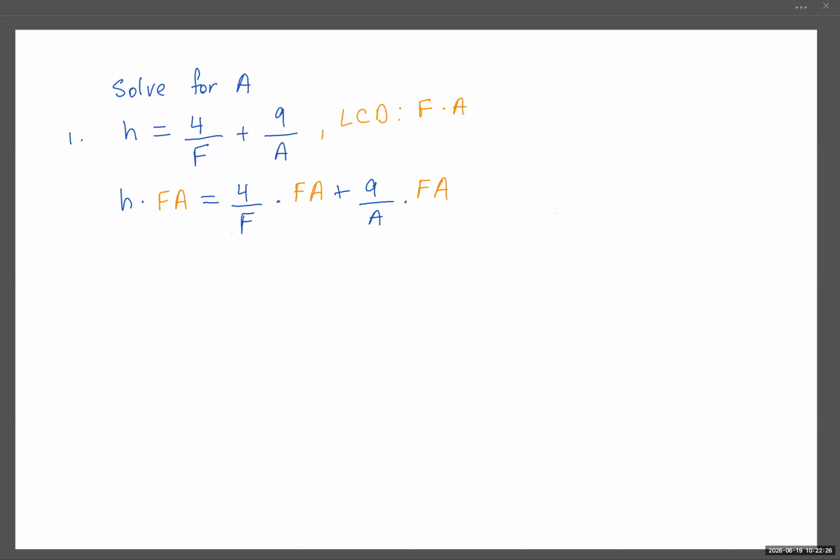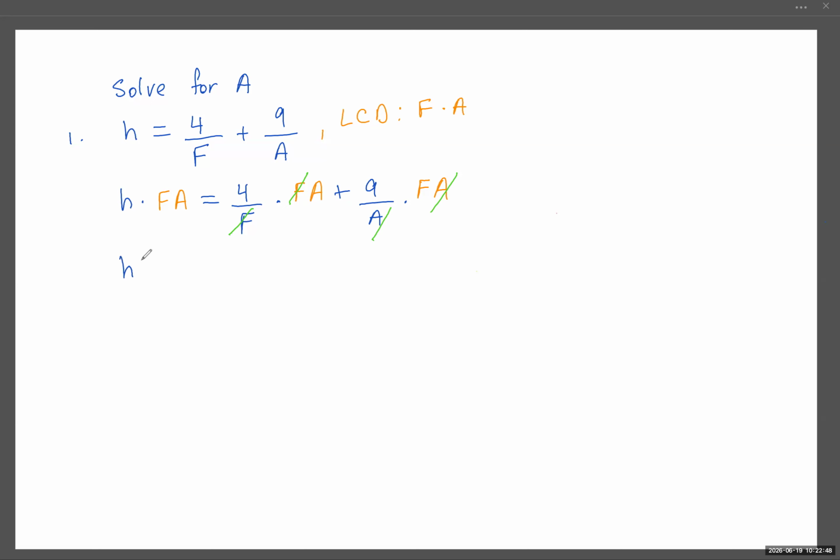Now look what happens. So on the left-hand side, that's just multiplication. On the right-hand side, I have f in the denominator and f in the numerator. They cancel out. A in the denominator and a in the numerator. They cancel out. So it clears the fractions completely. You will not have fractions on the next step.